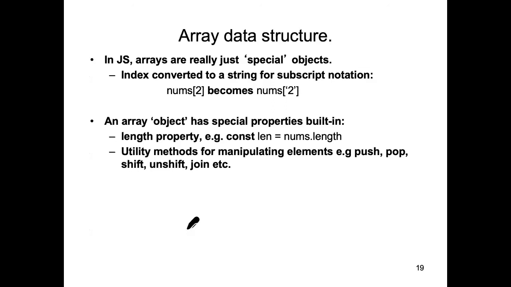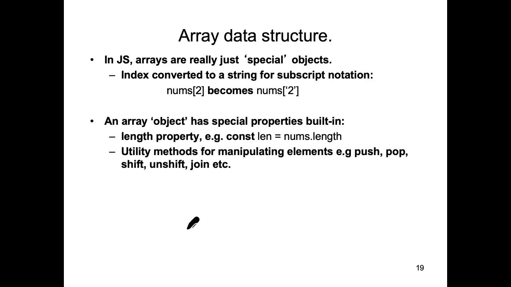That's how it happens behind the scenes. As I said, that doesn't really help you or hinder you in any way, but that's actually what's happening. So the only real data structure built in natively to the language is the object structure. That's it. So it's very simple in that sense, but obviously it needs to support arrays.